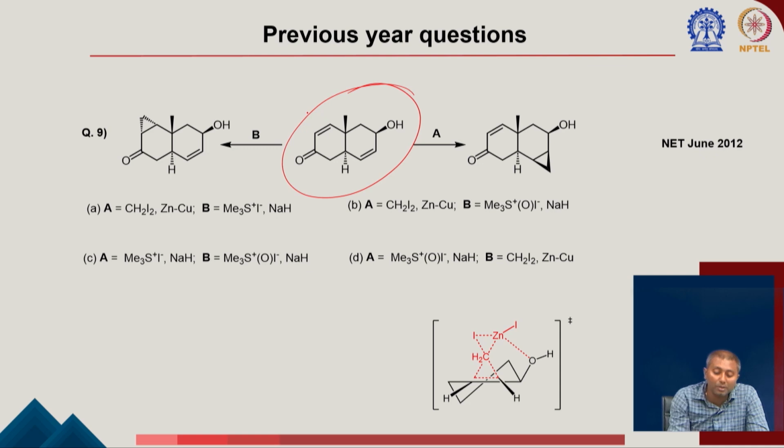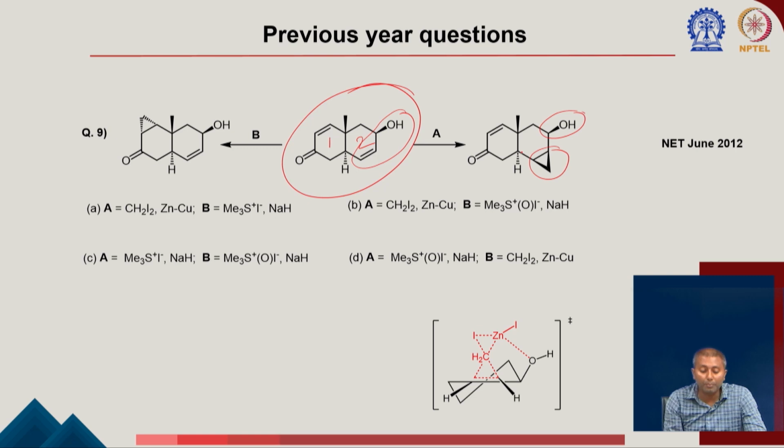So, in one case we are seeing that if you use a reagent A, you are forming cyclopropane. If I give them a number 1 and number 2 ring, then with the reagent A, the cyclopropane formation is happening in the allylic alcohol. So, this is allylic alcohol getting cyclopropanated. Not only that, the cyclopropane formation is happening on the same side of the OH.